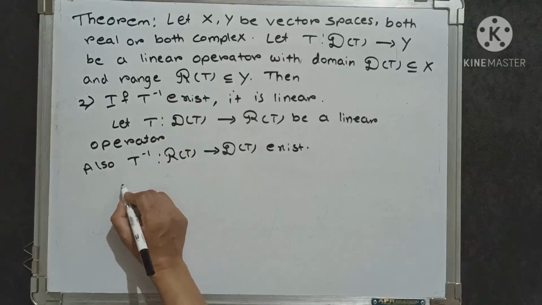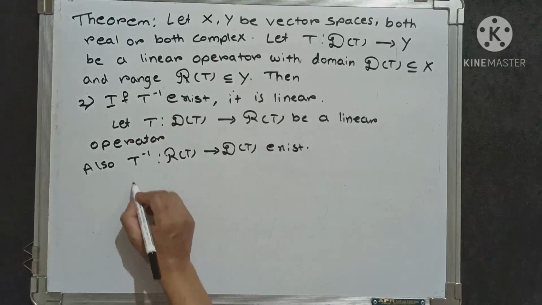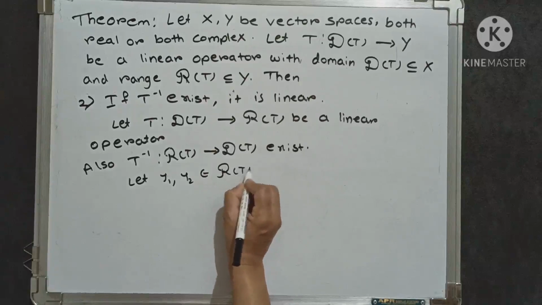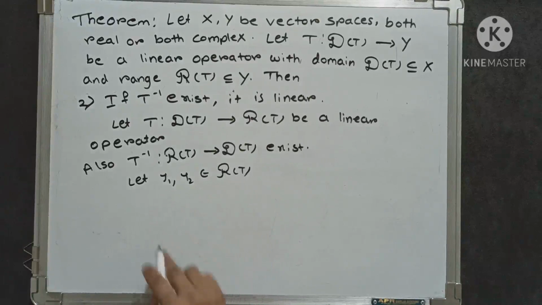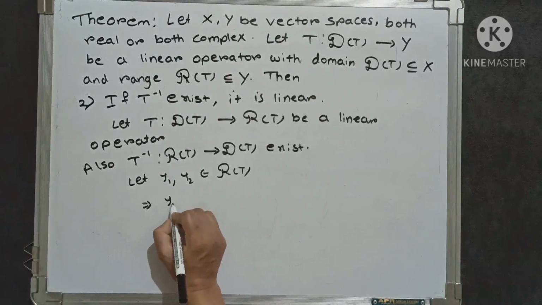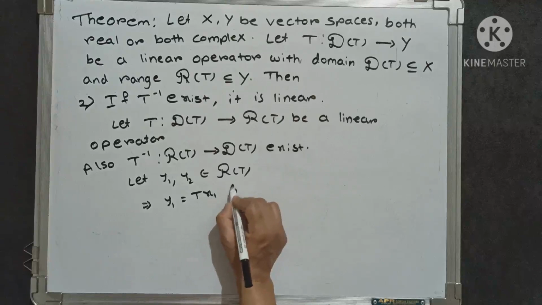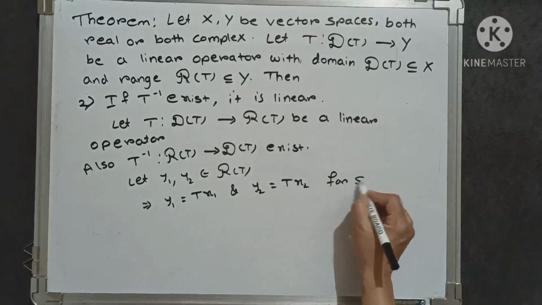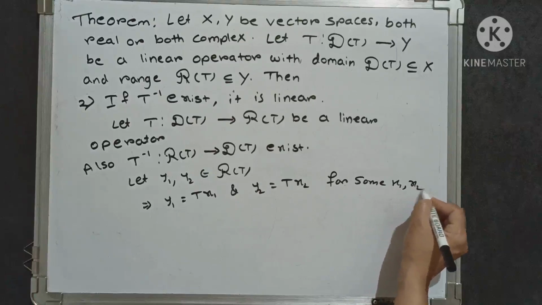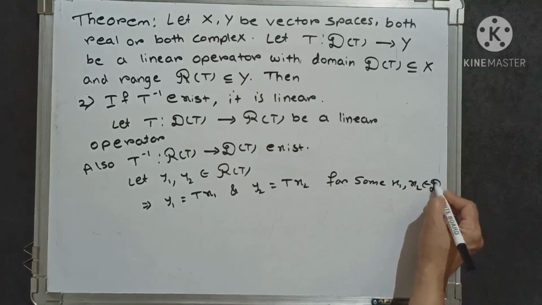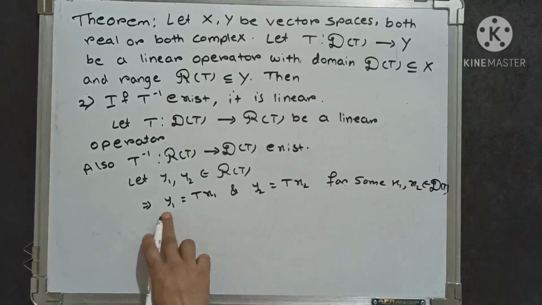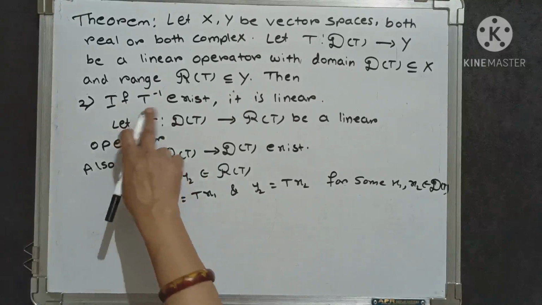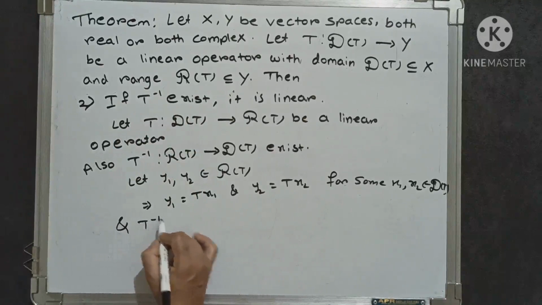So we start with any two arbitrary points of this script R of T. Let y1, y2 be any two points of script R of T. Now as these are points of the range set, this implies that y1 equals T x1 and y2 equals T x2 for some x1, x2 belonging to the domain script D of T. Here it is given that T inverse exists.